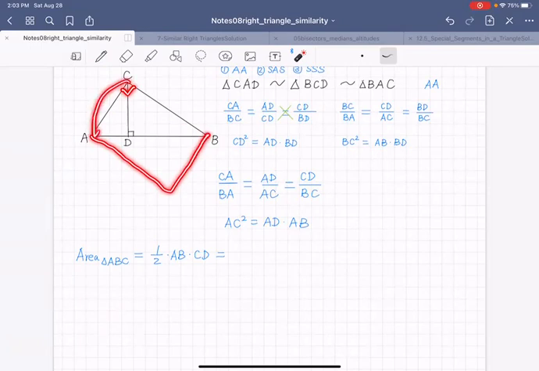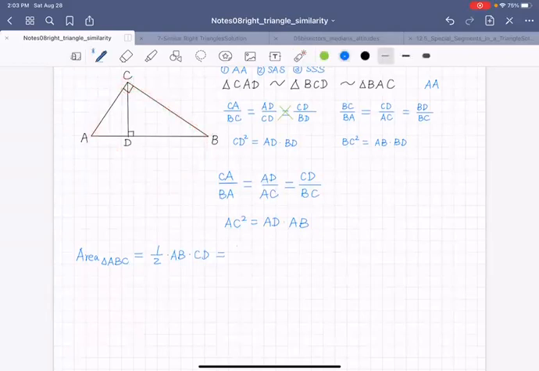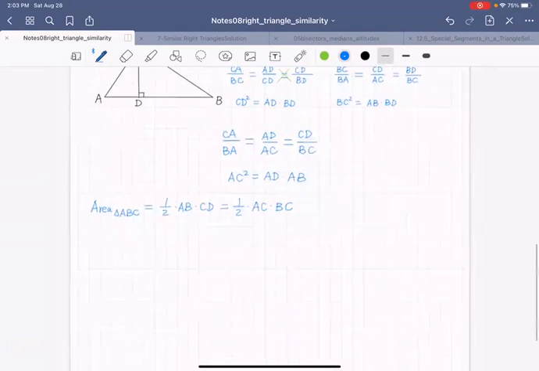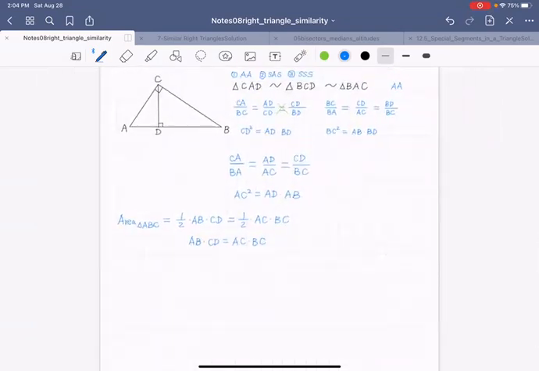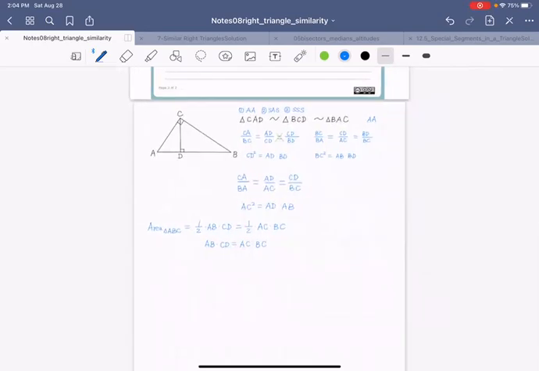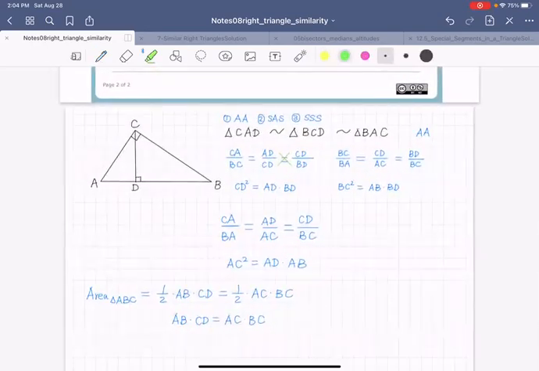So this is your base, this is your height, correct? So you can also say 1/2 AC times BC, correct? Yes. And then we times 2. These are the four important formulas I'm going to highlight.